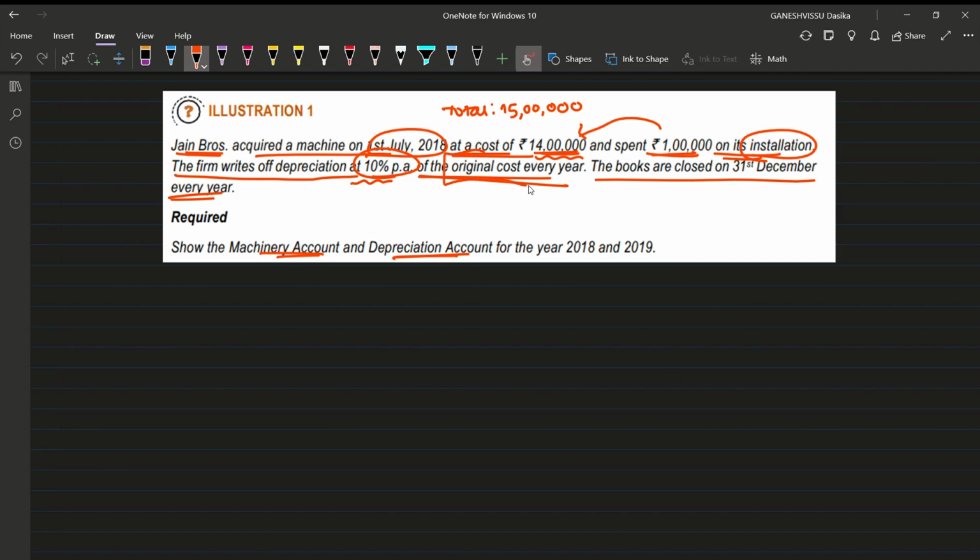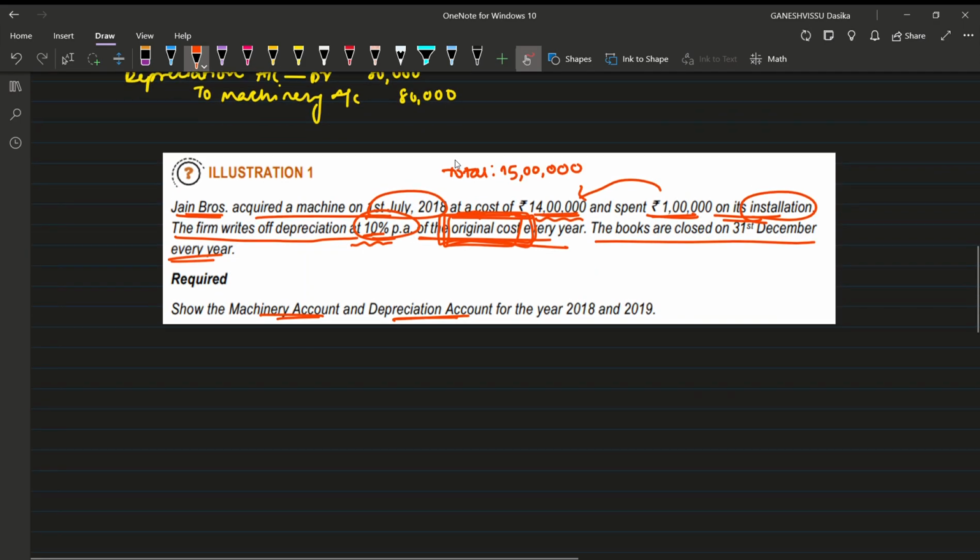Here they did not mention whether you need to use the straight line method or any other method. So if nothing is mentioned, then we need to see on which amount the depreciation is being charged. Depreciation at 10% is charged on original cost. If the word original cost has come, then we need to assume that on the cost only we are going to charge the depreciation.